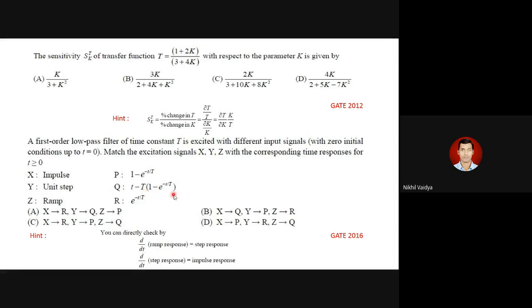So we get 1 minus e to the power minus t upon t. So if we take the derivative of this, we get this.